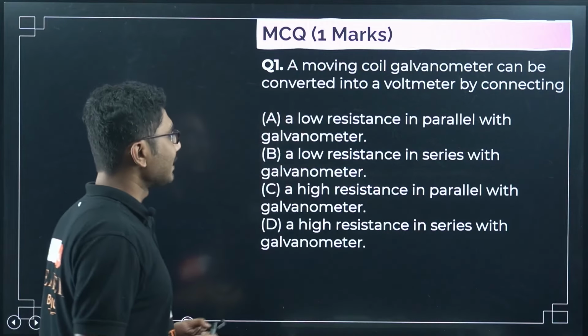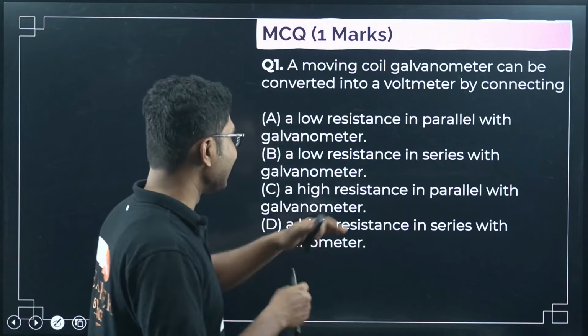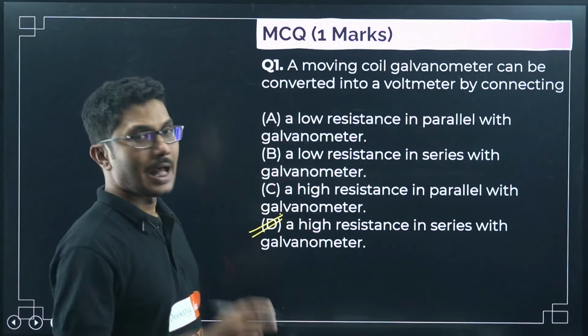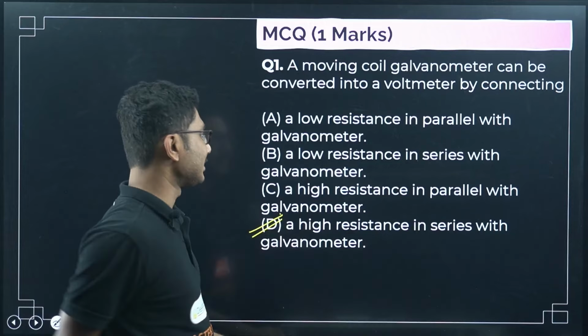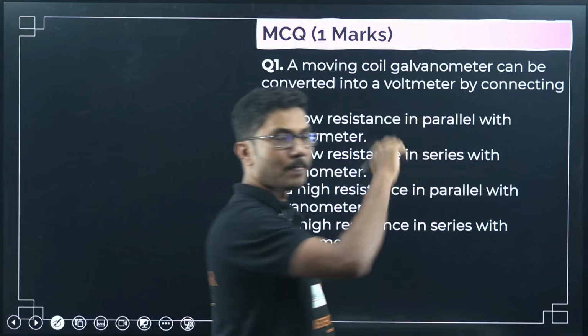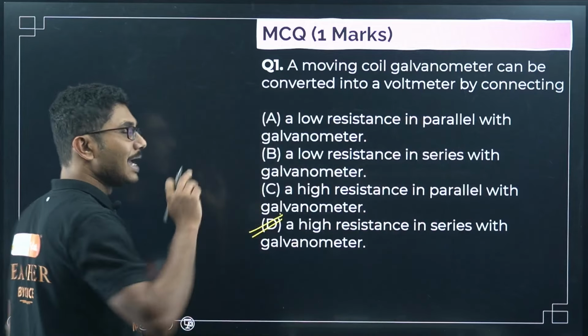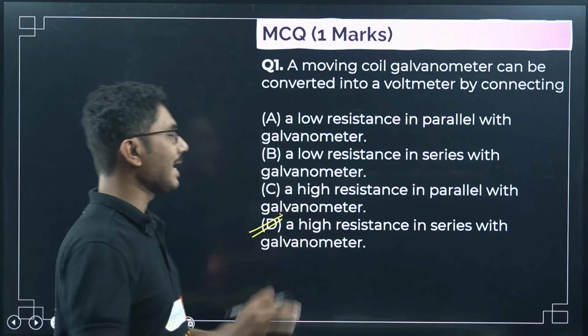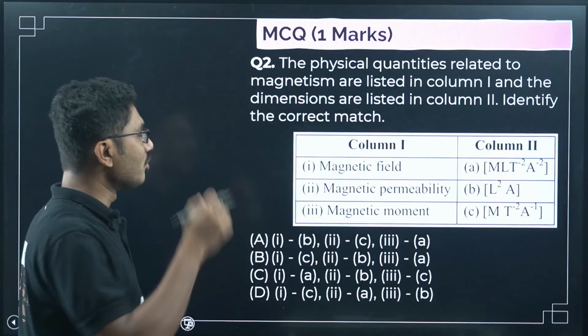So the answer will be a high resistance in series with the galvanometer. Read the options carefully one by one and then be sure which one is the correct answer. See, high value resistance is given in option C as well, but there it is given as parallel. So by mistake if you answer this, you will be wrong. So high resistance in series with the galvanometer. Simple answer.